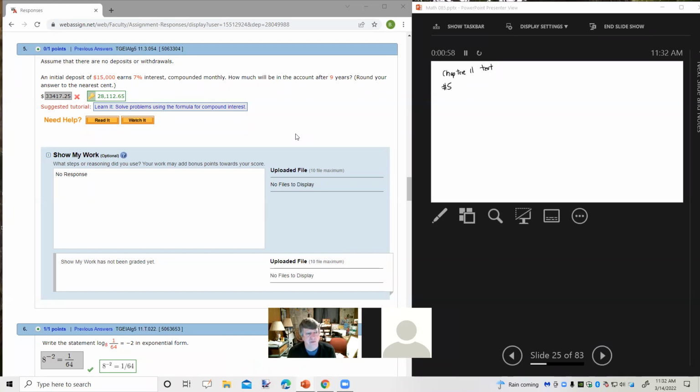An initial deposit of $15,000 earns 7% interest, compounded monthly. So that tells us that we're going to use the formula A equals P times (1 plus r over k) to the kt power. If it had said compounded continuously, we would have used the other formula.